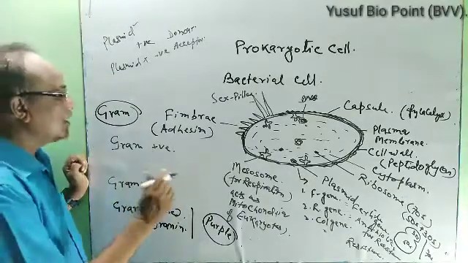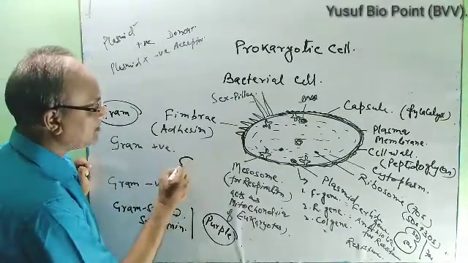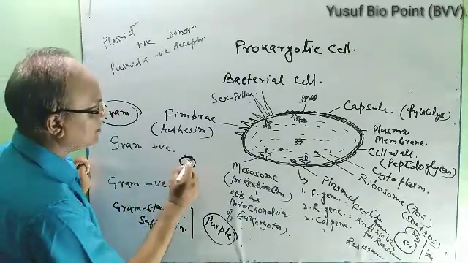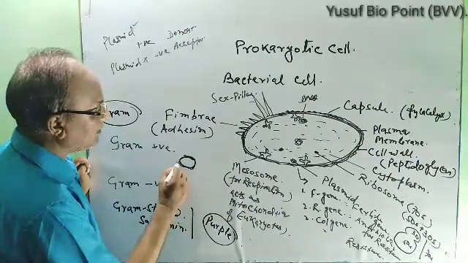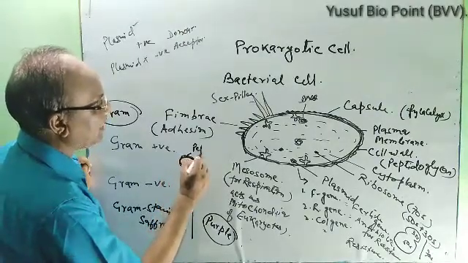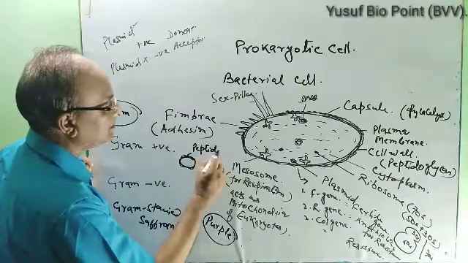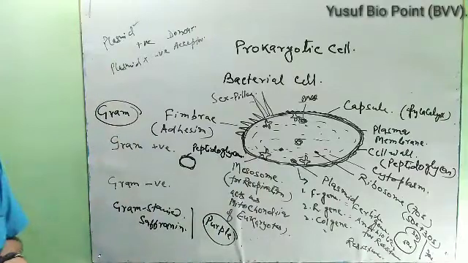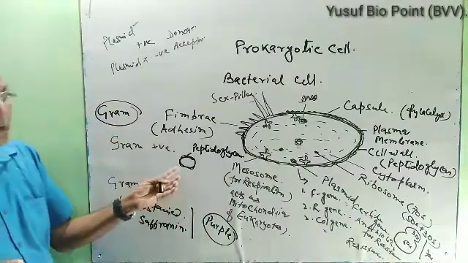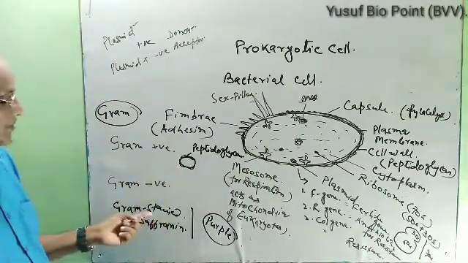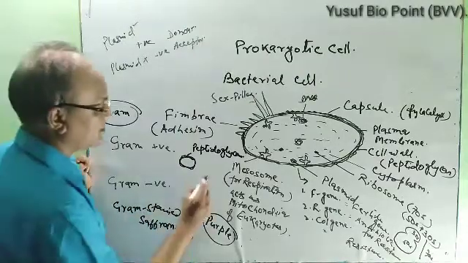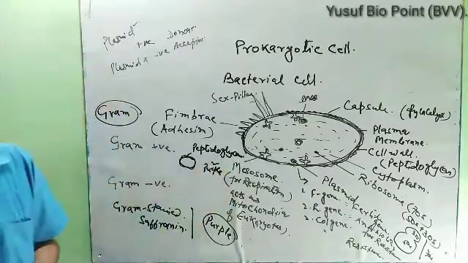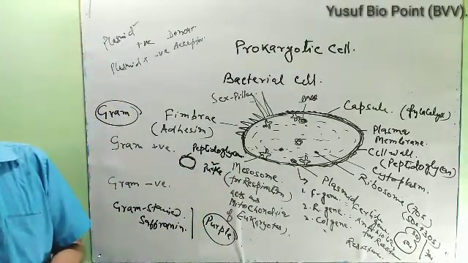Actually the bacteria contains a coating called peptidoglycan. Understand? When that is stained by gram stain, the purple color will remain after washing.